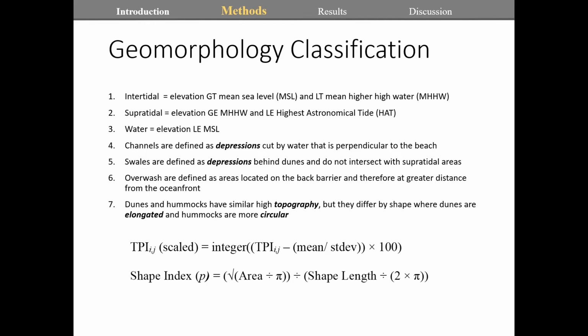So shape index is a really useful equation to implement in a GIS. Excellent. So we implemented those in the model to help us refine and improve the results, not only just for the geomorphology, but they also did help a little bit on the land cover classification as well.